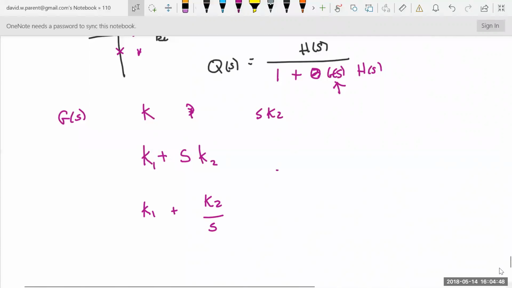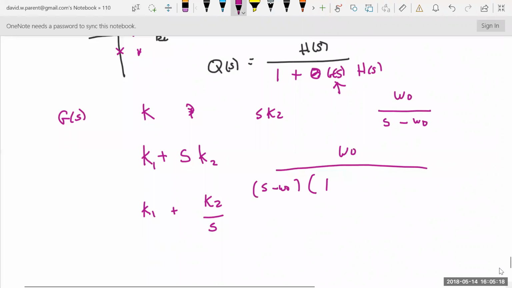And so you're going to have a transfer function. And let's say it's omega naught over S minus omega naught. Where's the root? At positive omega naught. So this is unstable. All right. So I put that in my equation, omega naught over S minus omega naught, times 1 plus my G(s) times omega naught over S minus omega naught.